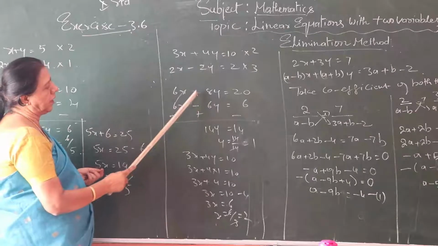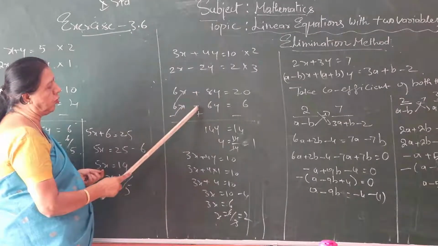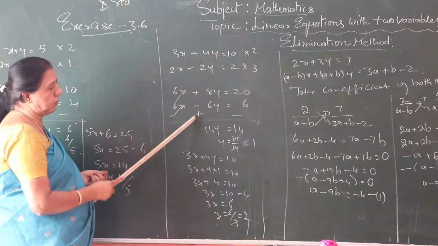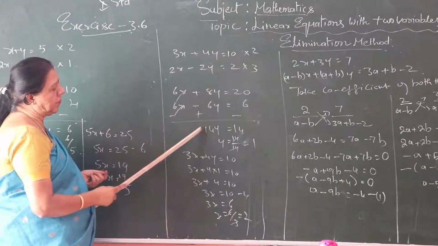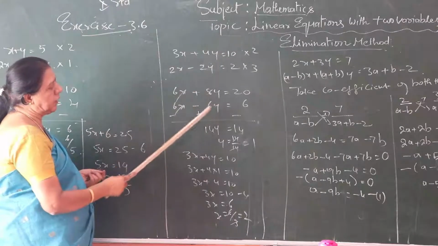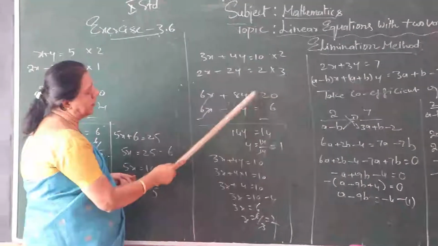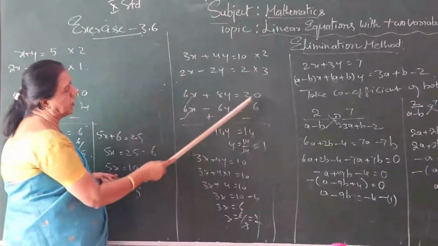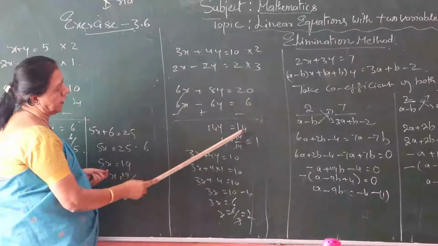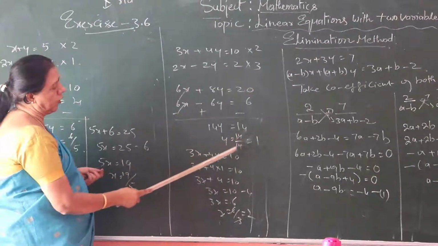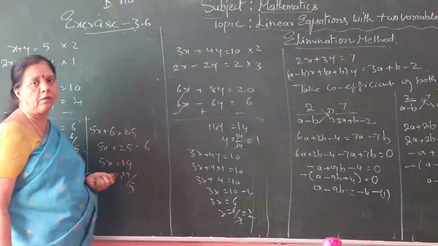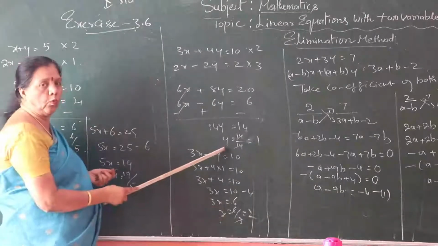Here the remaining terms, plus, you have to consider; don't consider the minus, you have changed it. Here plus is there, so add. 8 plus 6 is 14y is equal to 20 minus 6, subtraction, is 14. y is equal to 14 by 14 is equal to 1. You got the y value.